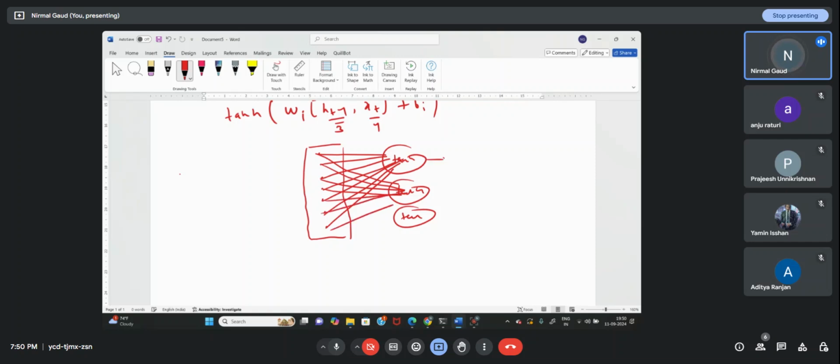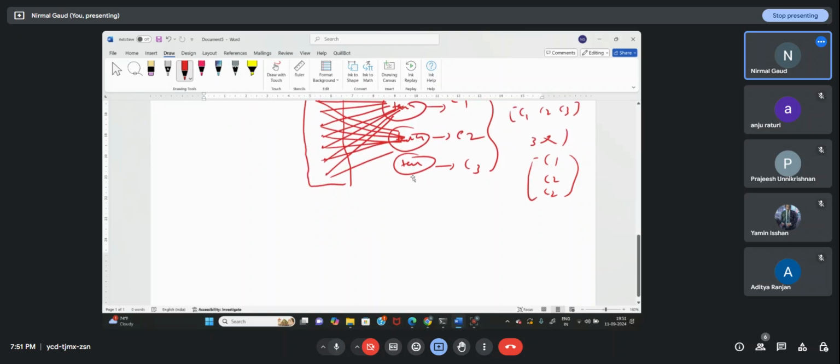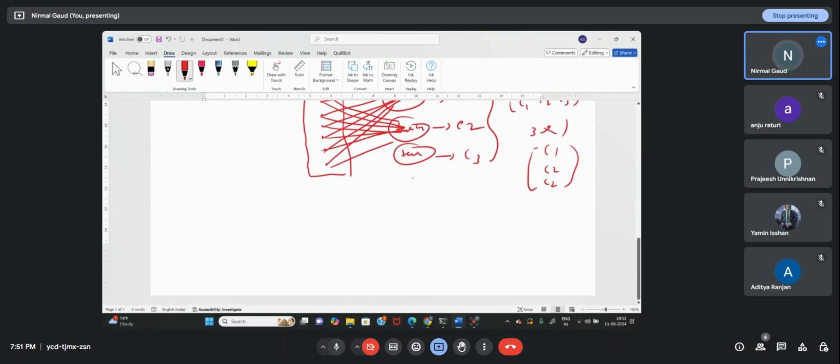The result which you will get from here is C1, C2, C3. That will be converted into C1, C2, C3, which is 3 cross 1. Either you can make it like this. That is called Ct tilde or Ct dash. This is the candidate cell state.